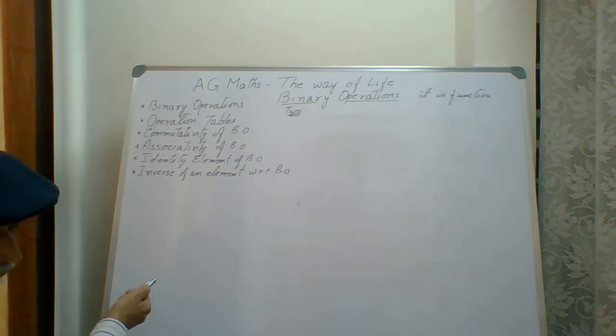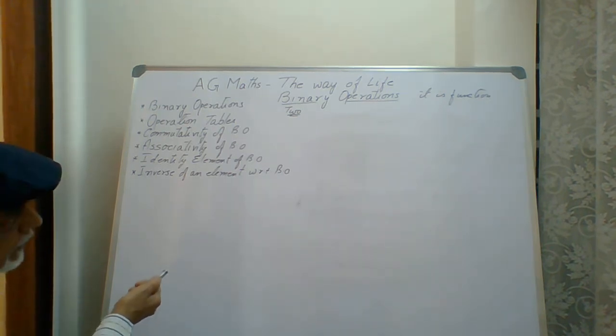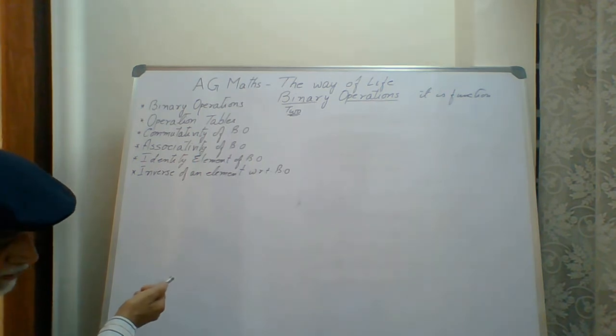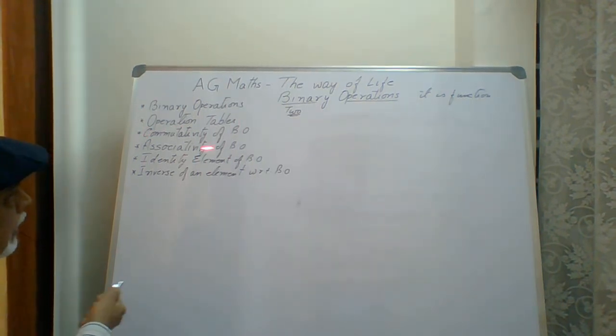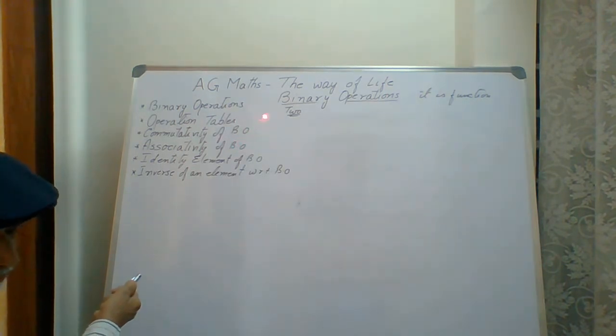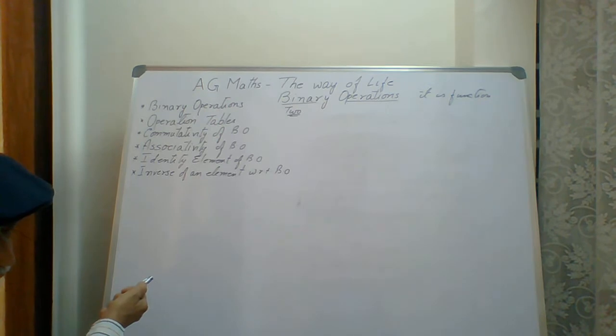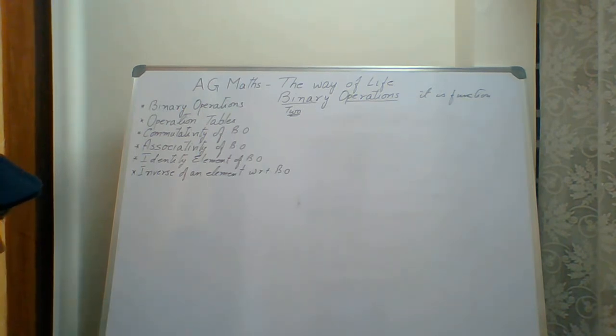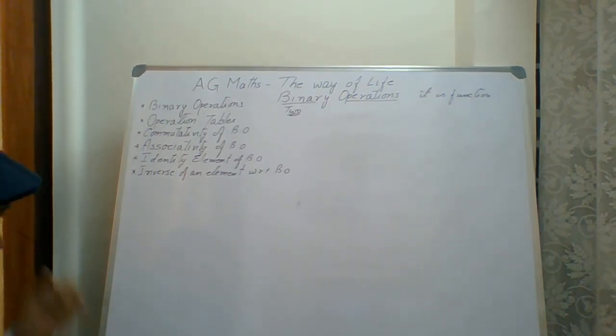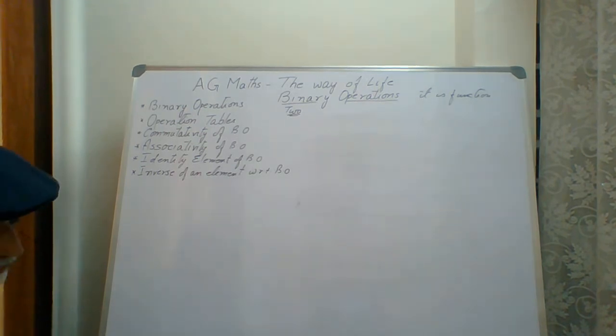Now addition and subtraction are binary operations. Addition and multiplication we saw are binary operations, but subtraction and division may not be binary operations in the set of natural numbers. Now let us take an example of a binary operation to explain how it is working.